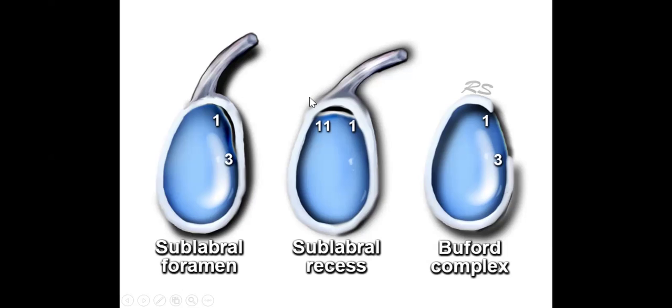In some studies, the glenoid cavity or the labrum has been divided into six compartments or quadrants, and this is known as the superior quadrant. This is from 11 to 1 o'clock position, and then from 1 to 3, this is the anterior superior, and from 9 to 11 o'clock position, this is the posterior superior quadrant.